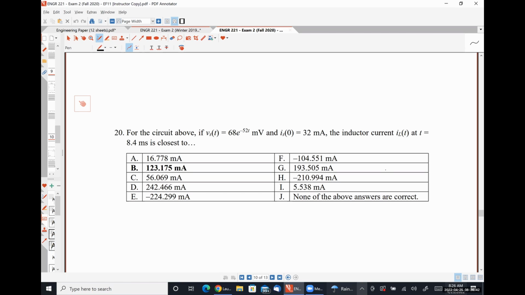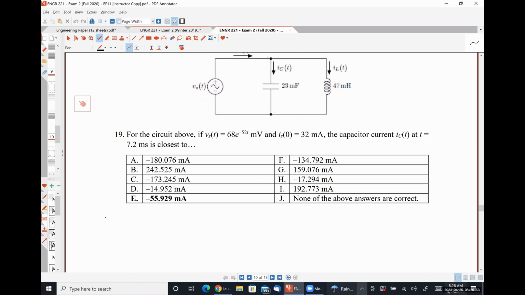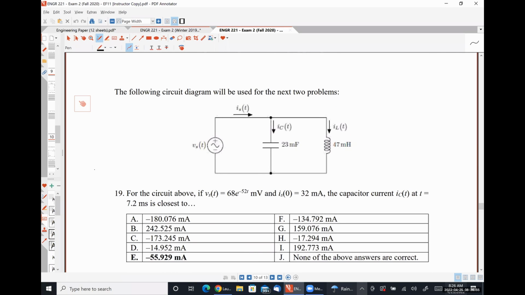So we want the inductor current at t equal to 8.4 milliseconds. And we are given IS of 0 and VS. Okay, so this is extraordinarily similar to homework 12, problem 5.